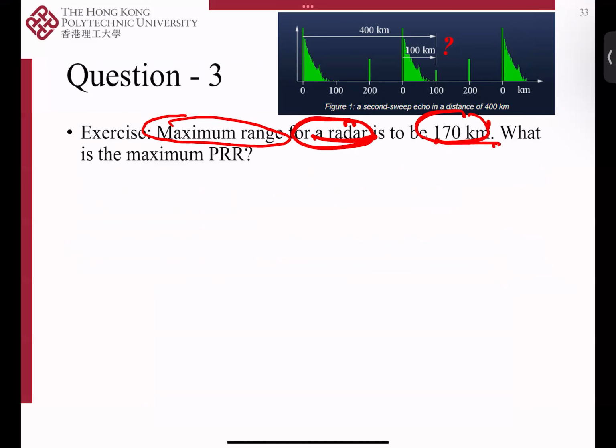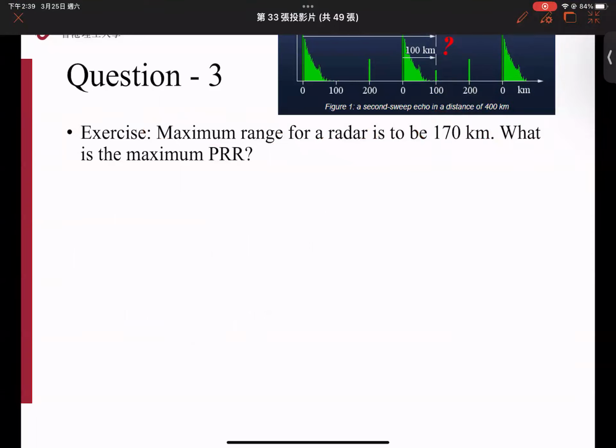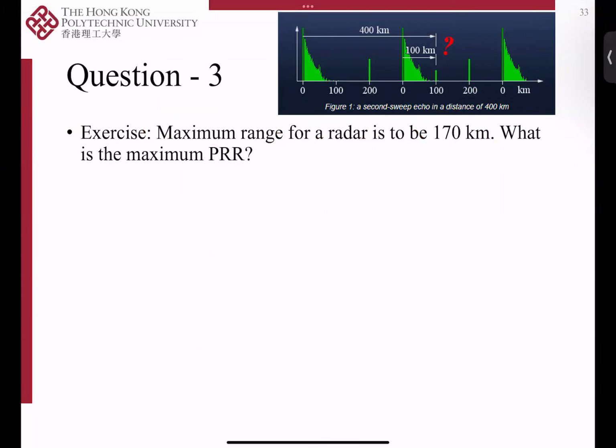Say we have a requirement that our radar needs to detect 170 kilometers. We know this is related to how periodically the signal is generated, and it's also related to time.